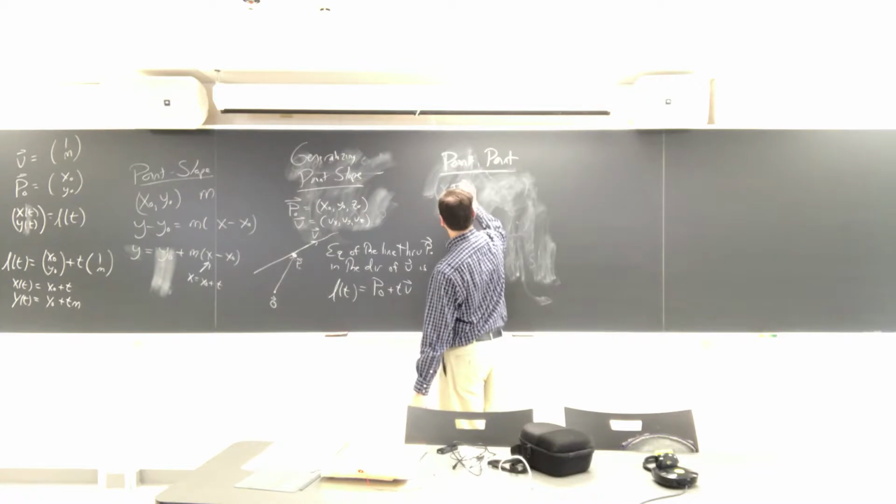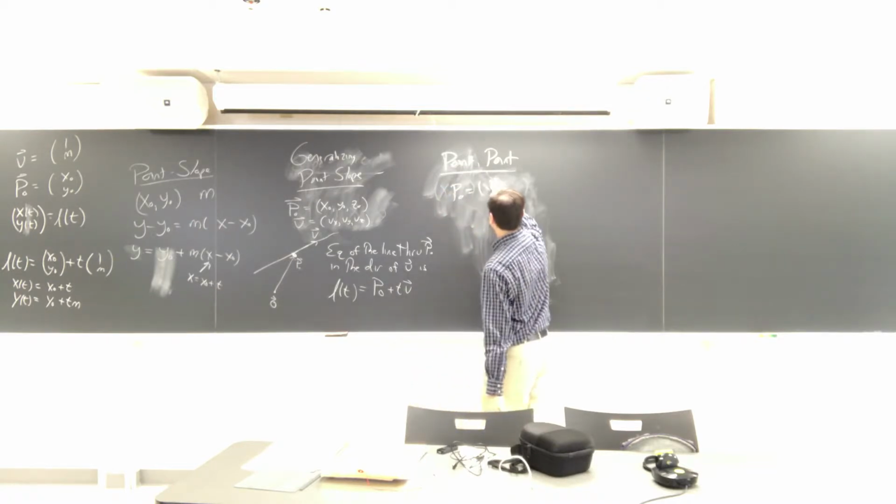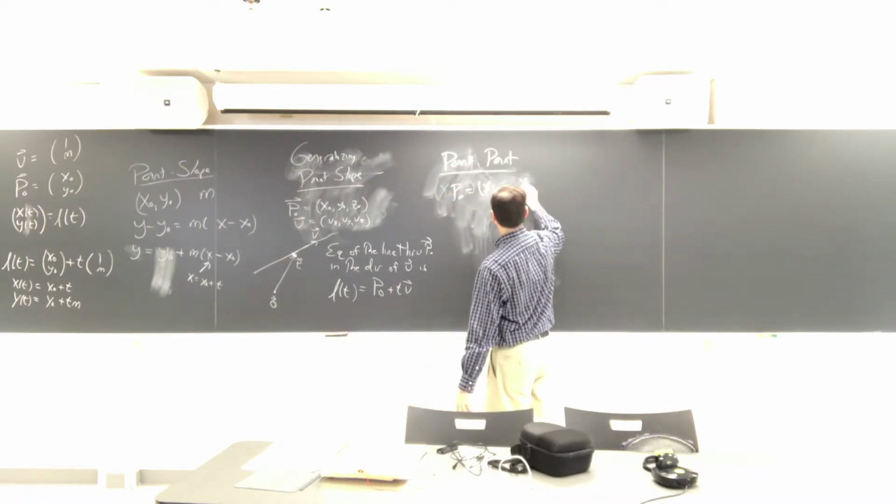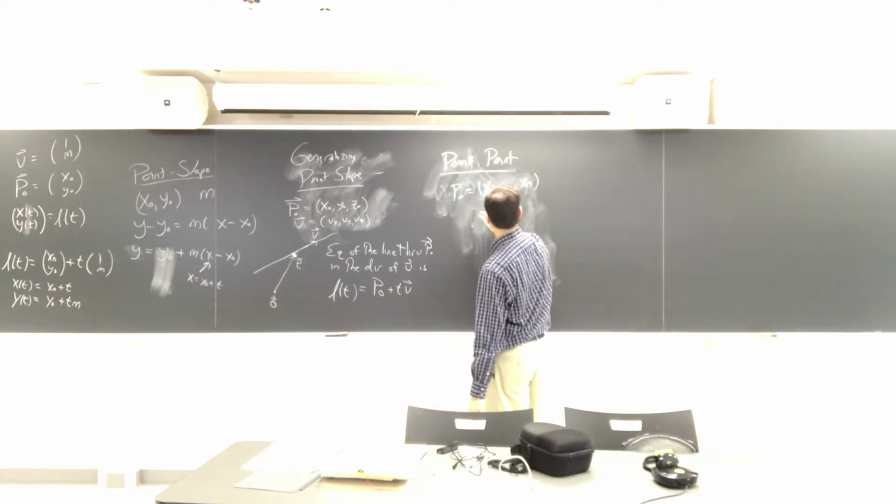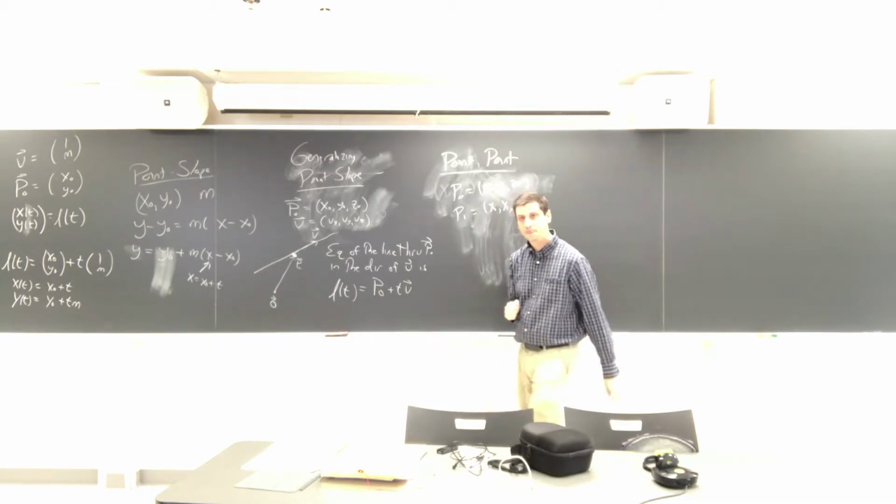So say we now have the point P naught. I'll still do x naught, y naught, z naught. And I'll do the point P1 is x1, y1, z1.